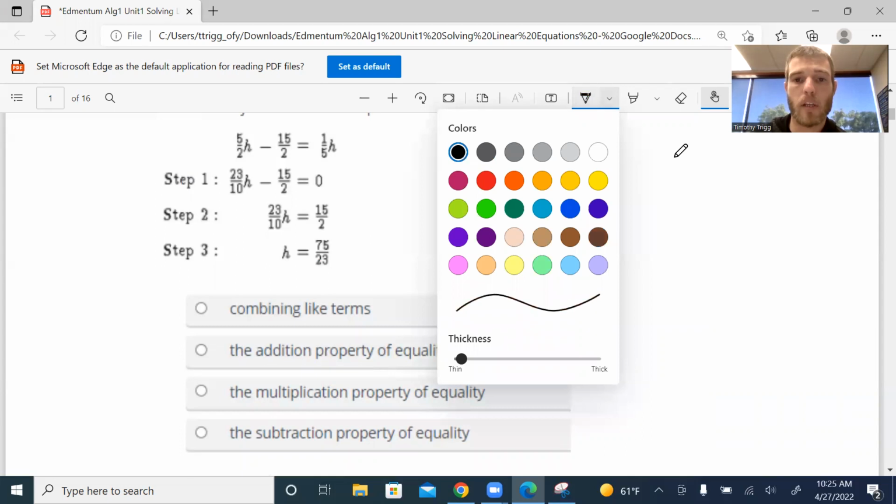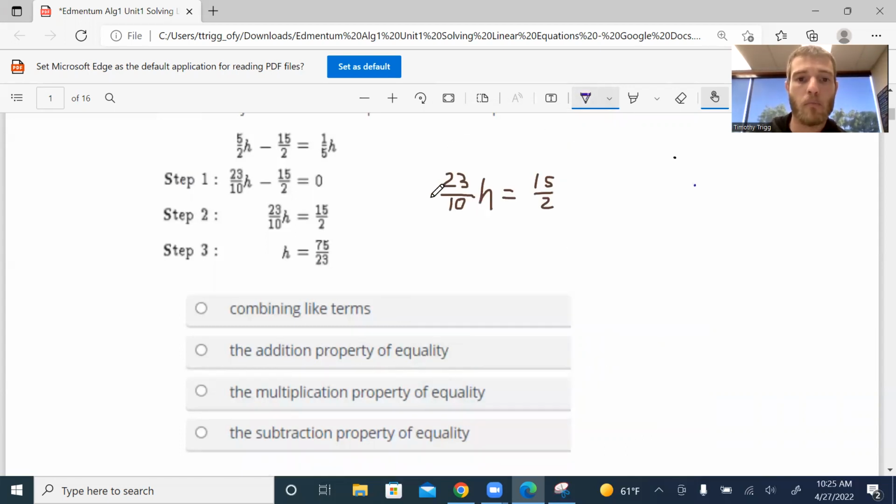What you can do is multiply by the reciprocal of this fraction, and that'll cancel it. So notice 23 over 10, I'm multiplying by 10 over 23. This cancels completely. But then you'd have to multiply the other side of the equation by the same thing, 10 over 23 in this case.